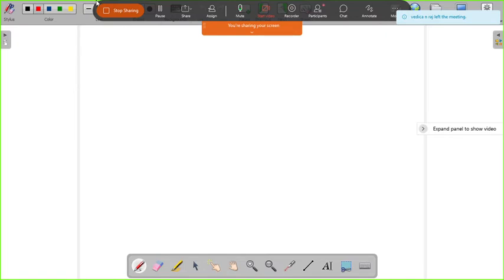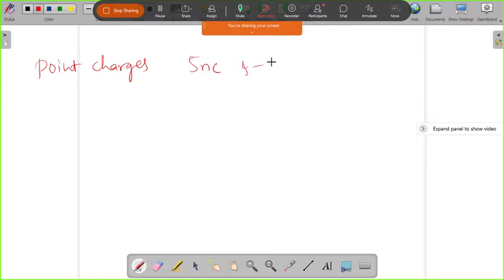So now we can take the point charges, that is 5 nanocoulomb and minus 2 nanocoulomb, which are located, this one at the point (2, 0, 4), and this one located at (minus 3, 0, 5).